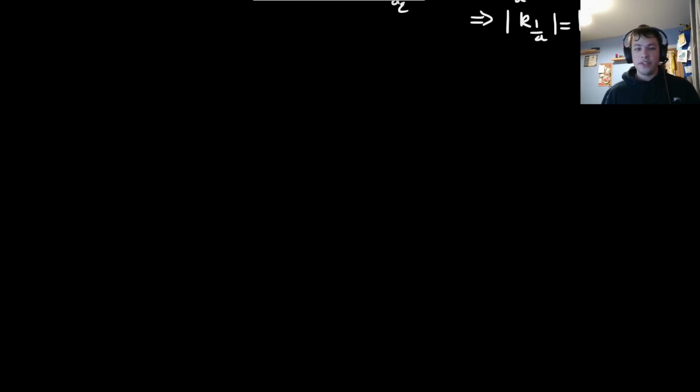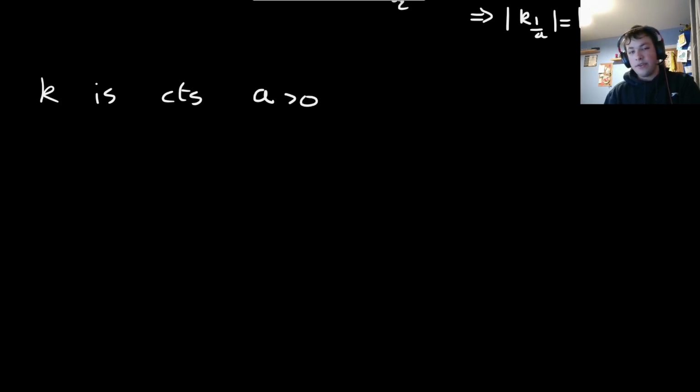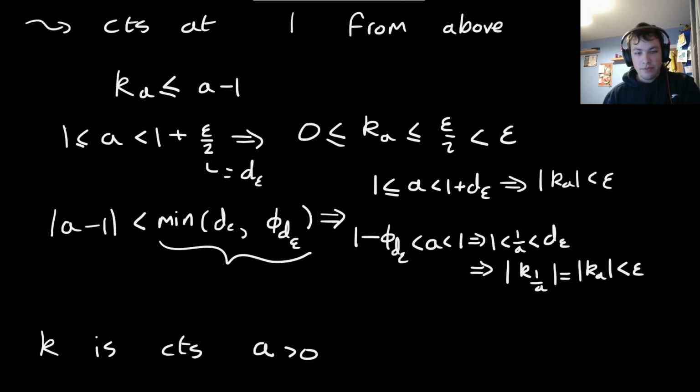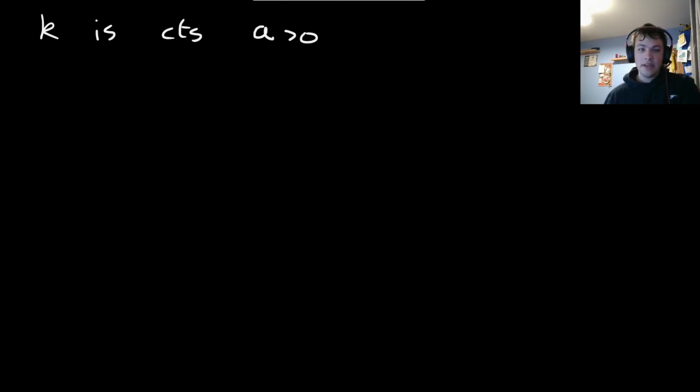And then we can continue and say K is continuous for any a greater than 0. We can do that using this minimum here, which we'll call delta epsilon 0, so epsilon and at 0.